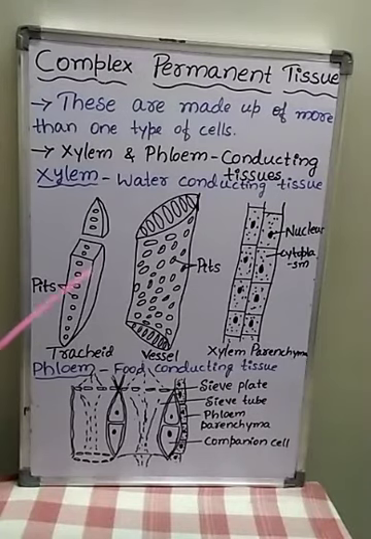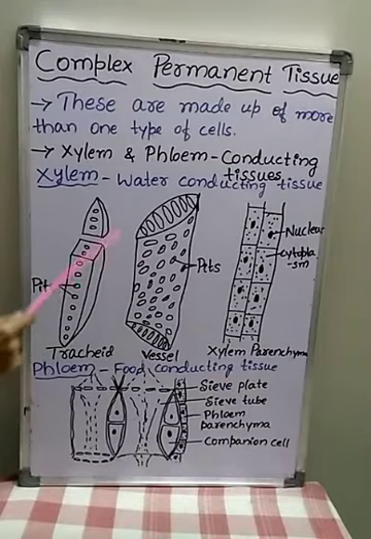See, this is the diagram of tracheid, vessel and xylem parenchyma. Tracheids and vessels have thick walls. At maturity, they are dead.